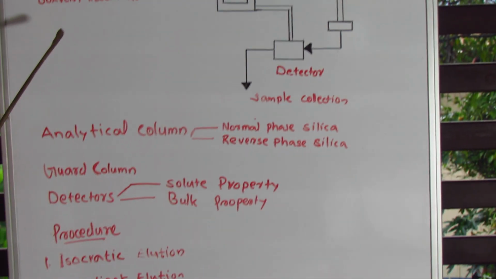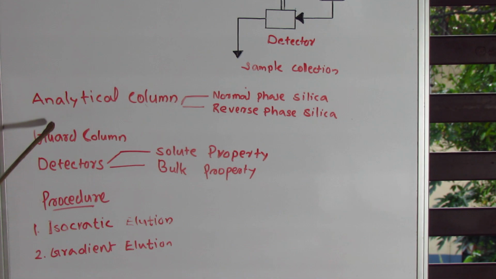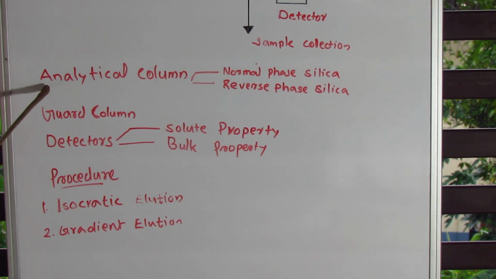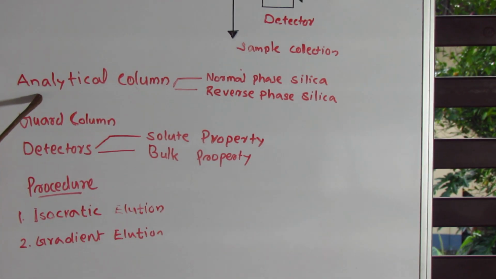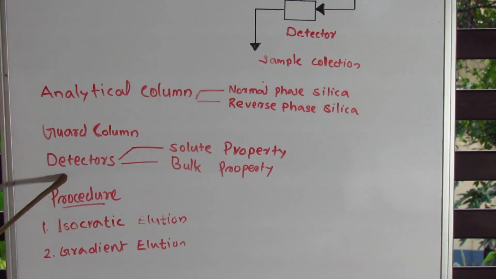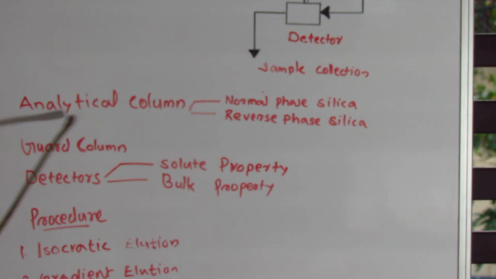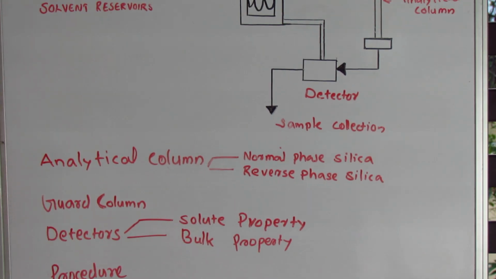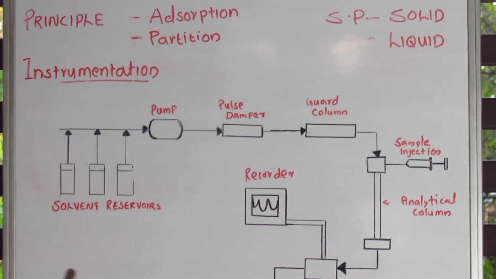In the instrumentation, there are three important parts: the analytical column, guard column and detectors. The first one is the analytical column. They are usually packed with particles in the range of 3 to 10 micrometers.